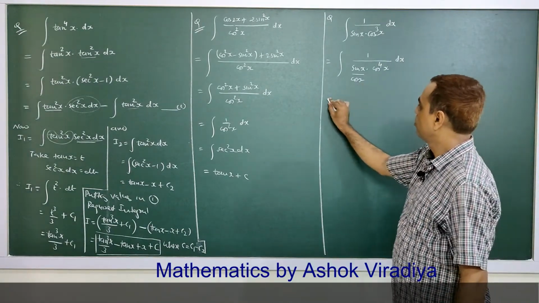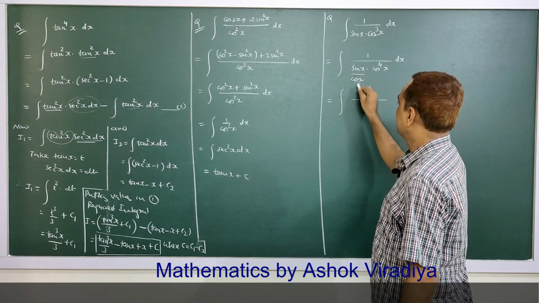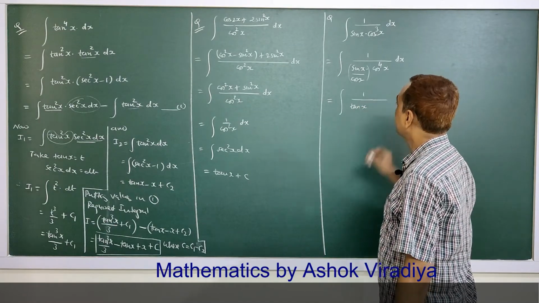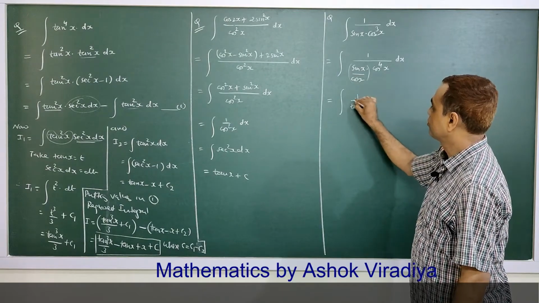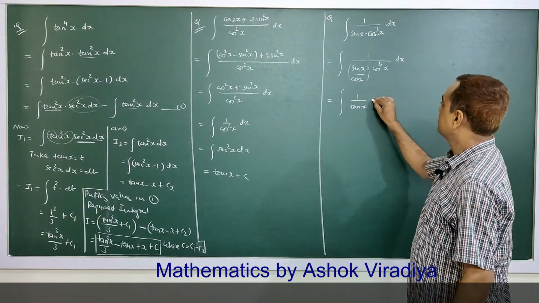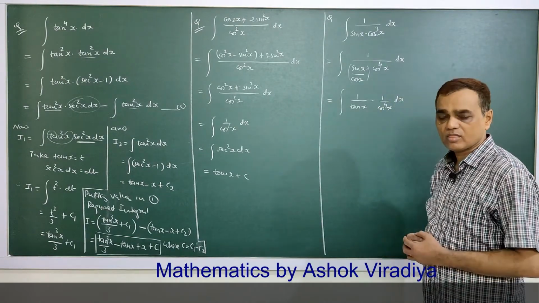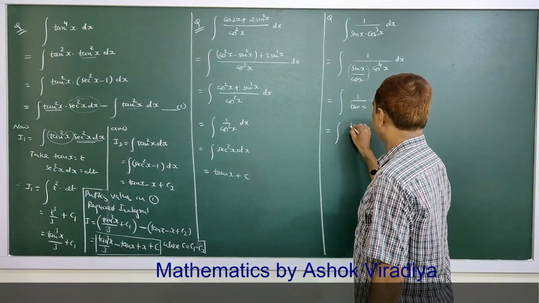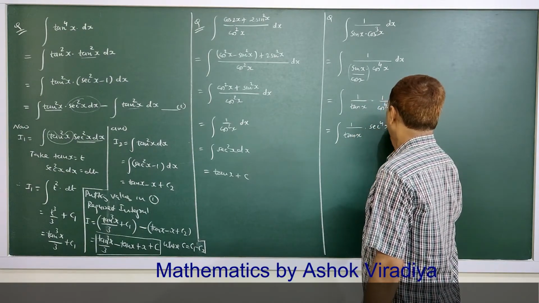So now this becomes tan x. This is 1 by tan x into 1 by cos raised to 4 x. So this is sec raised to 4 x, 1 by tan x into sec raised to 4 x.